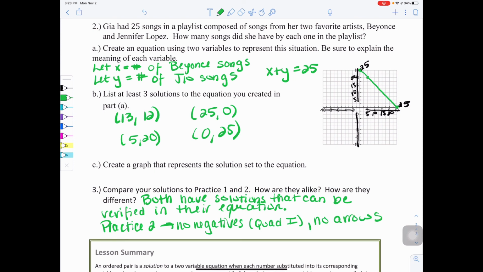I cannot put arrows on that graph because that would imply that I go down into the negatives, which we know can't happen. So we should have 2 very clear endpoints. And then, of course, I would want to put X plus Y equals 25 as the label for that line. And that concludes our lesson on solution sets of equations in 2 variables.